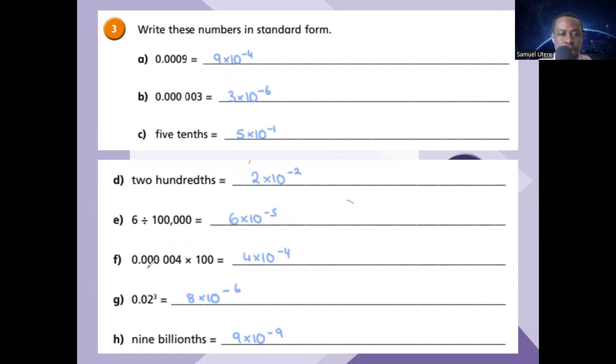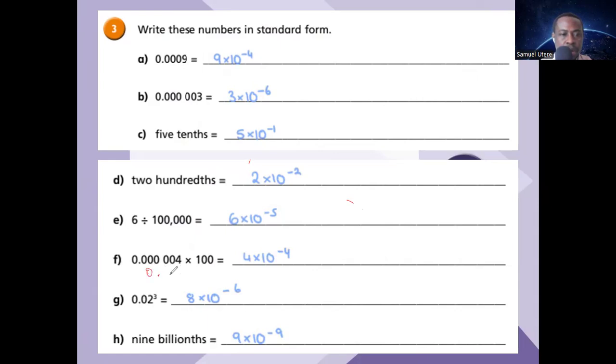So if we have 0.000004 times 100, this is the same thing as saying by the time we multiply by 100, we would have improved the place value of this number. So it's a bit like saying we're going to knock off 2 zeros.